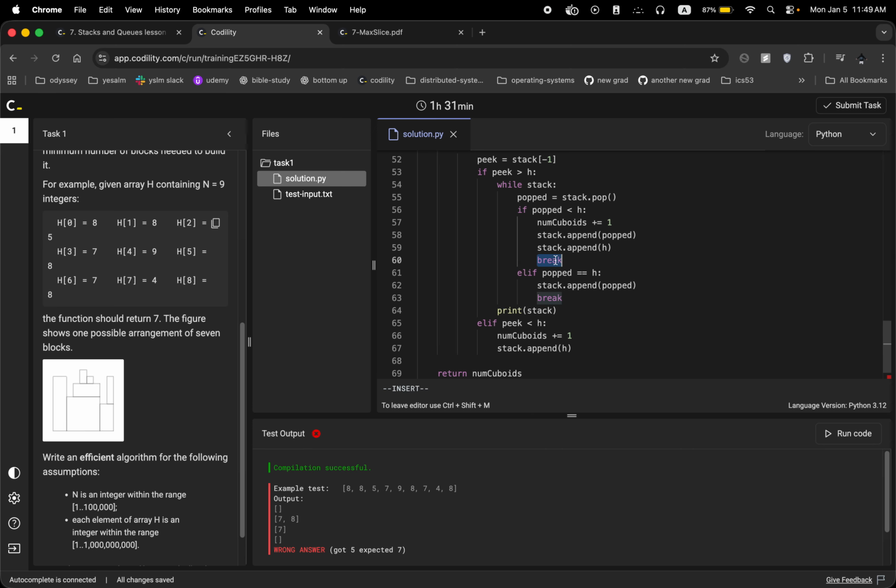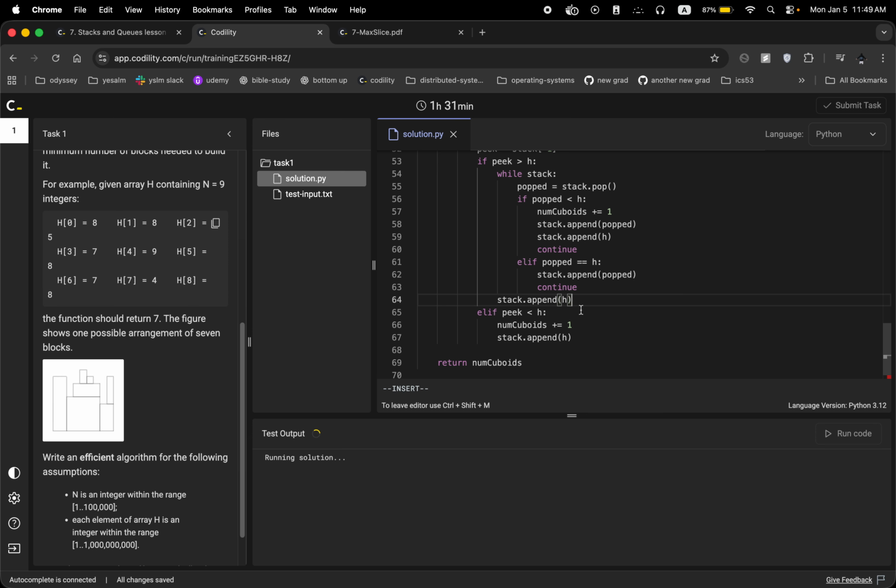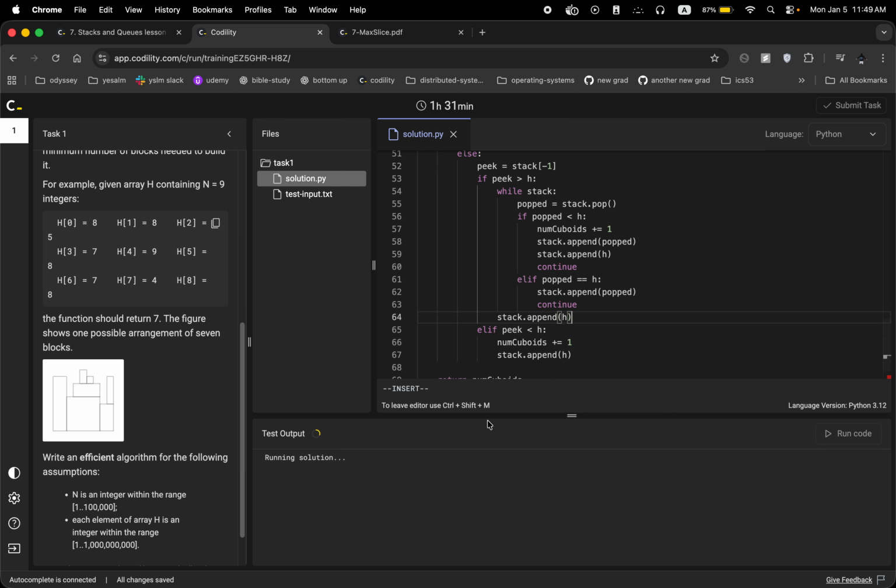Do we just continue? I think we just continue. We don't even break. And then here we do stack.append(h), because we never reached that satisfactory element, we must append it.